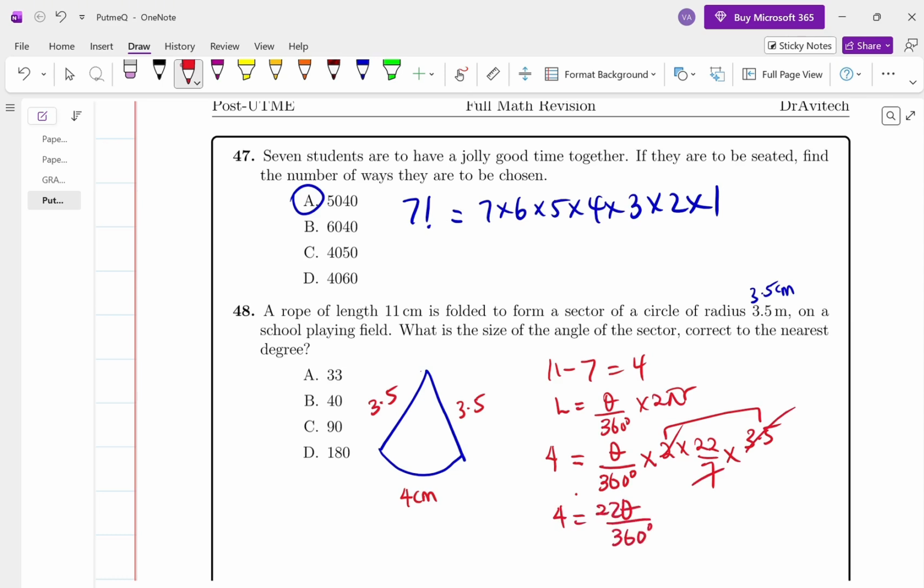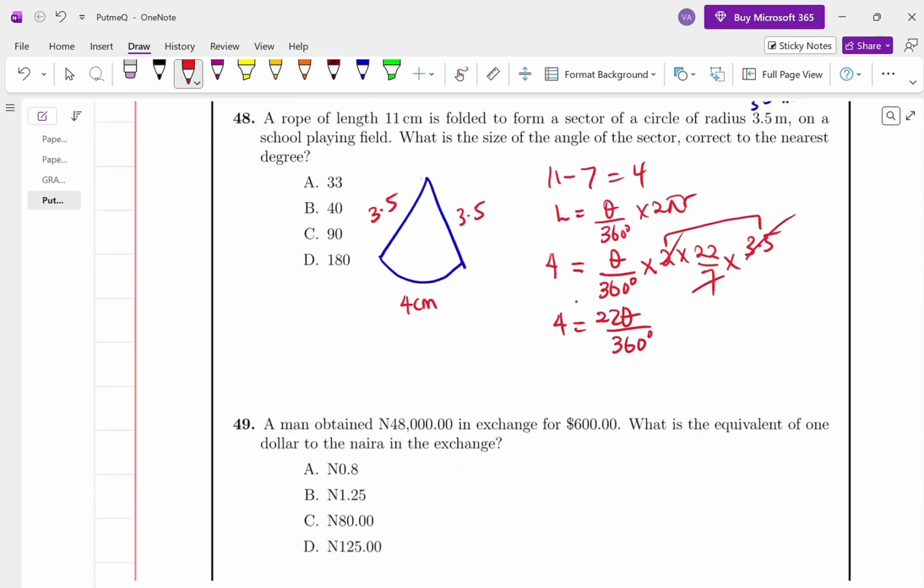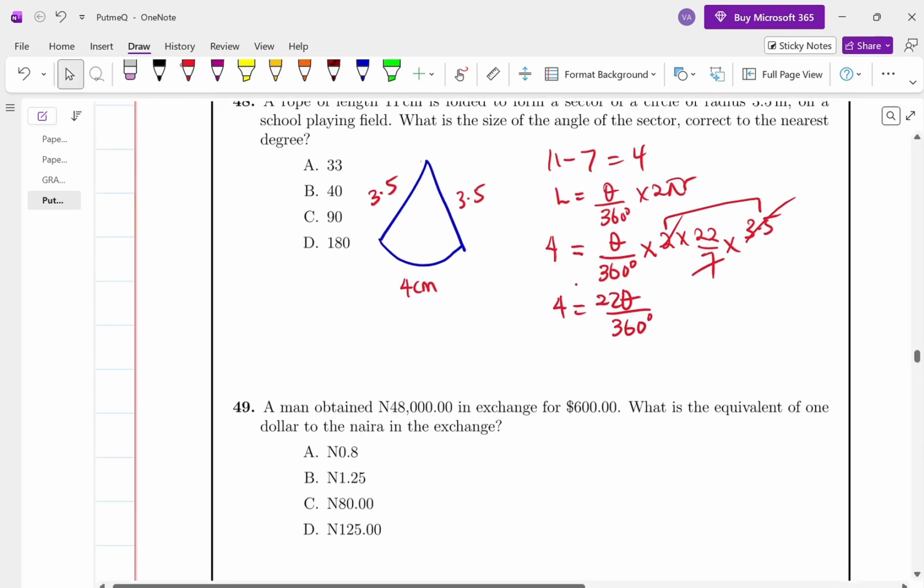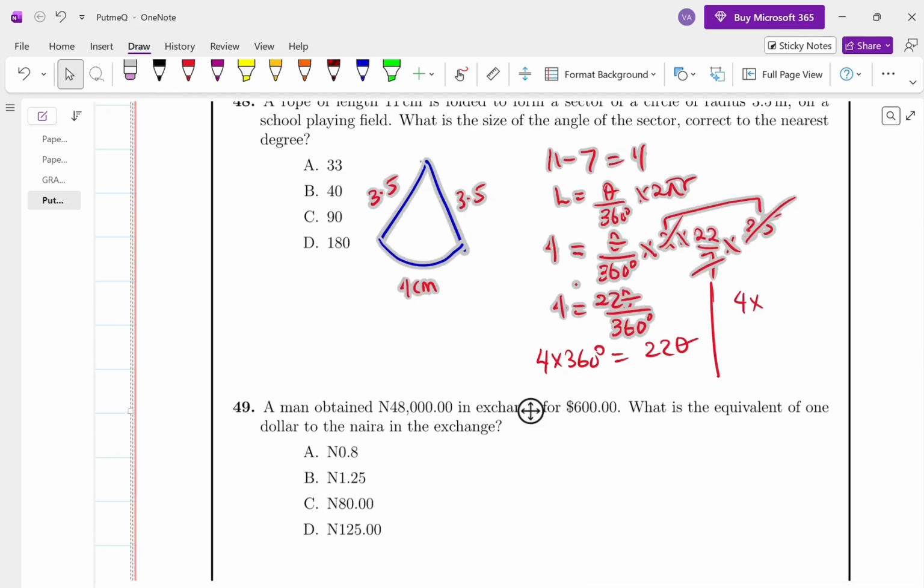When I cross multiply, I get 4 times 360 equal to 22 theta. To get theta, I have to divide by 22. So 4 times 360 divided by 22 is equal to theta.